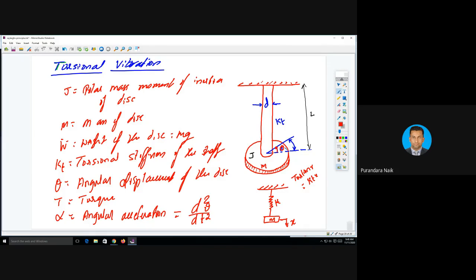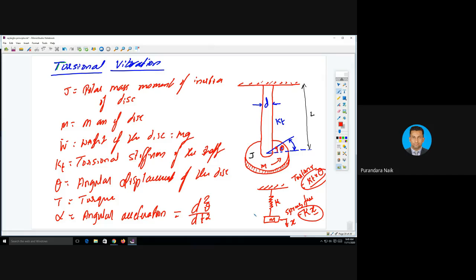If you twist the disk in this direction, it rotates through an angular distance theta. So it is kT into theta. In the spring mass system, the spring force is K into x, because the displacement is linear. But in the torsional system it is kT into theta, because the displacement is in the angle theta. So that is one term.